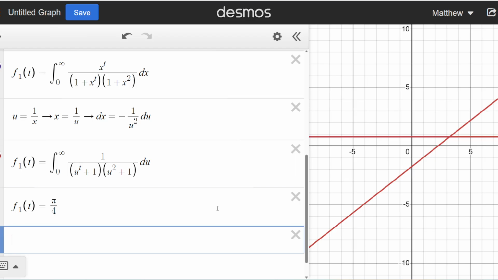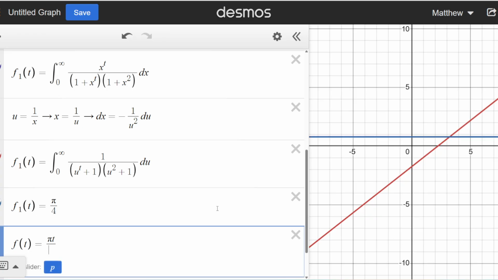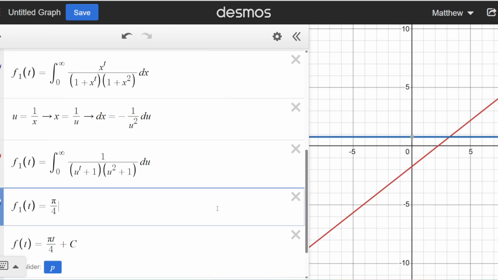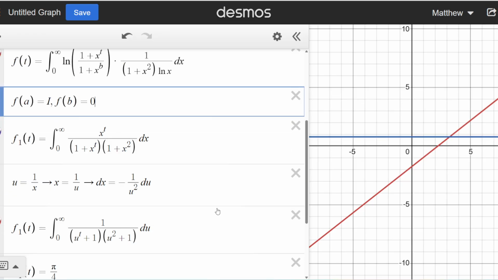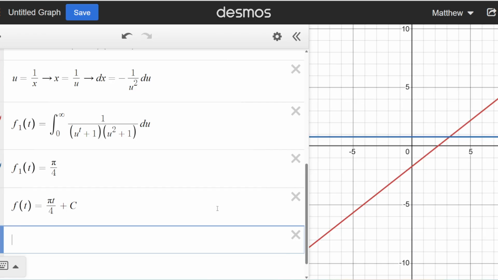We have f prime of t, but we want f of t. So f of t is equal to the antiderivative of pi over 4 with respect to t. That's going to give us pi t over 4 plus c. And now we can use f of b equaling 0 to find c.